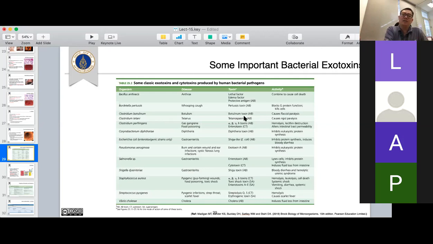All of these are categorized as exotoxin. Oh, the other type of exotoxin that I forgot to mention is erythrogenic toxin in Streptococcus, also toxic shock syndrome toxin. That's another toxin. So they are all exotoxin.